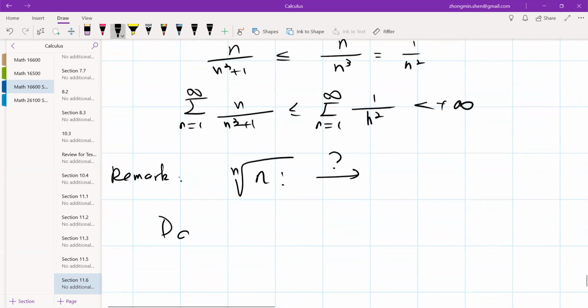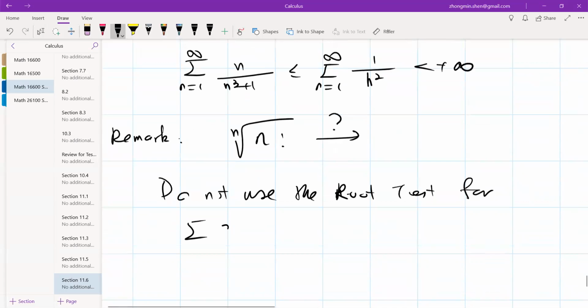Do not use the root test for the convergence where the nth term contains n factorial, okay, because you cannot figure out what is the nth root of n factorial, okay?